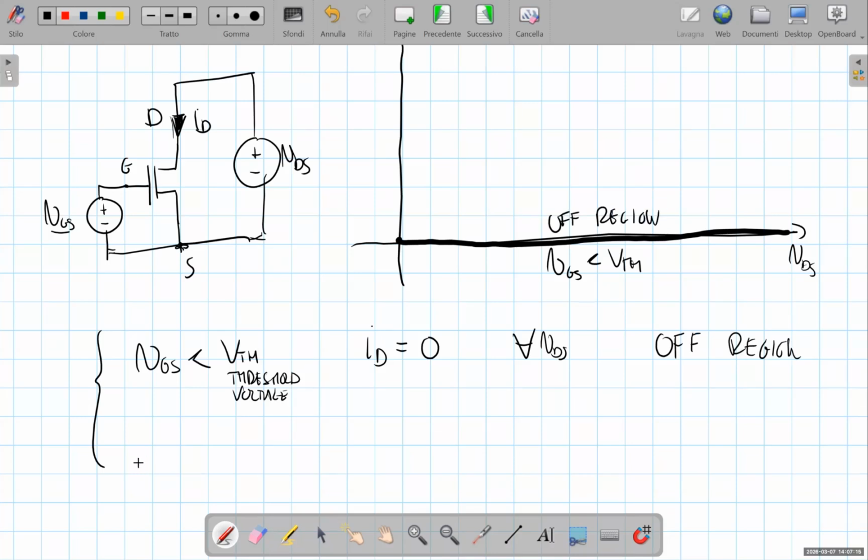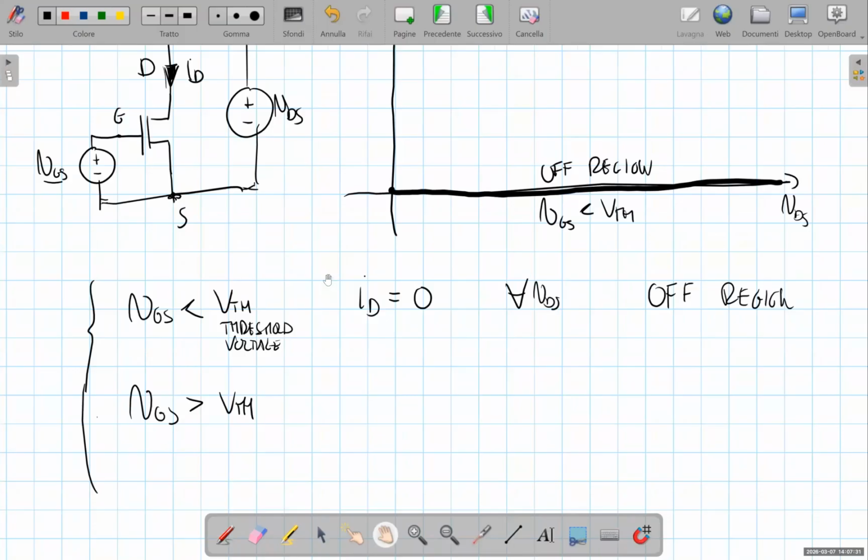Then what happens when we apply a gate source voltage that is larger than the threshold voltage? Actually, we have to distinguish two cases.